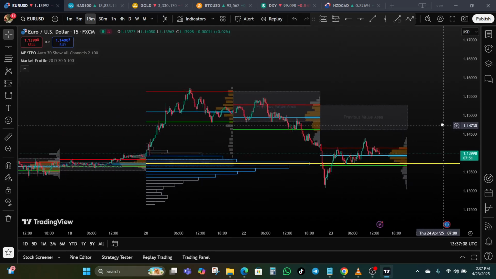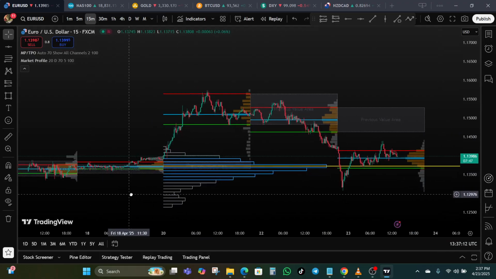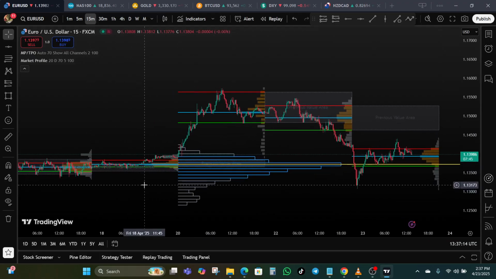You can combine market profile with other tools like your VWAP or your price action to confirm entries. This is not a lagging tool, it's a structure reader, showing you where the battle between buyers and sellers is actually happening.